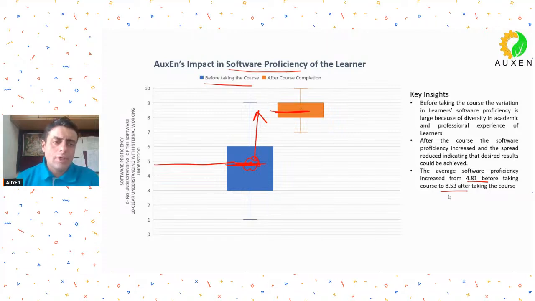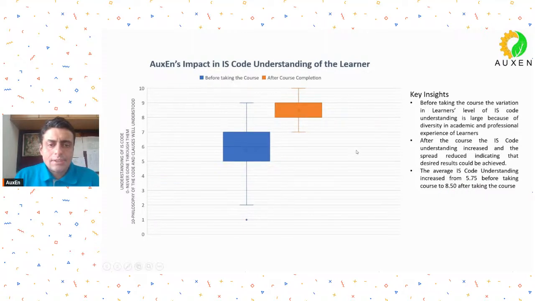This is a self assessment, so the participants fill this form themselves. But what is very clear over here, that the participants felt a marked improvement in their software proficiency after taking the course. All right. So this is how you need to study this graph.